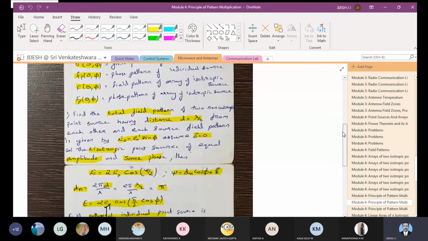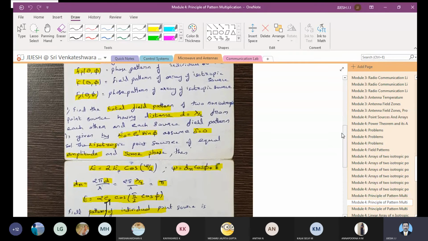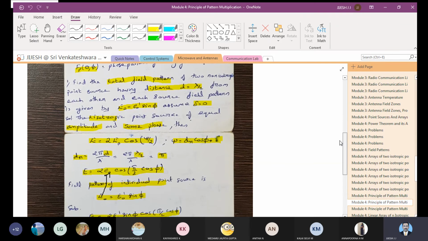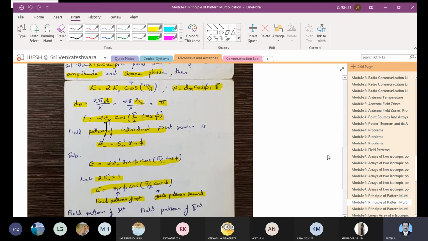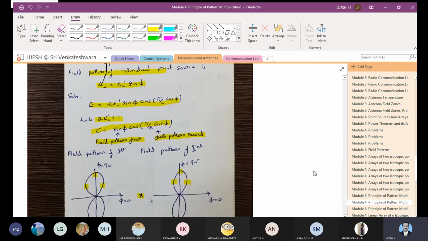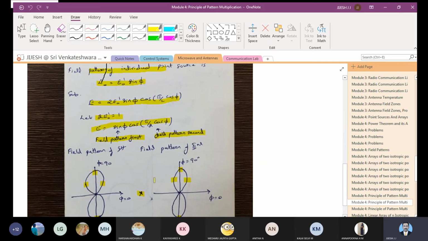So we can say that E is equal to 2 E naught cos of psi by 2, and psi is equal to d r cos phi plus delta. So d r is pi, and E is equal to 2 E naught cos of pi by 2 cos phi. When you simplify that, you will get the pattern in this form, the pattern of the first and the pattern of the second.